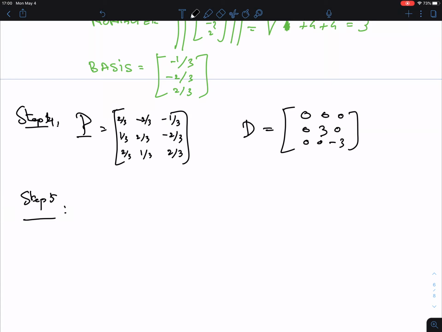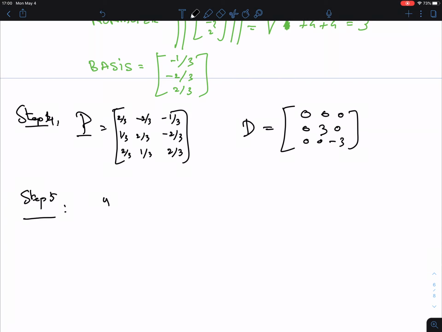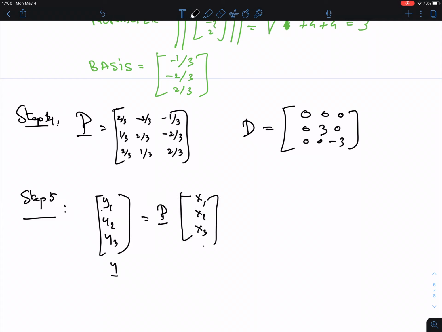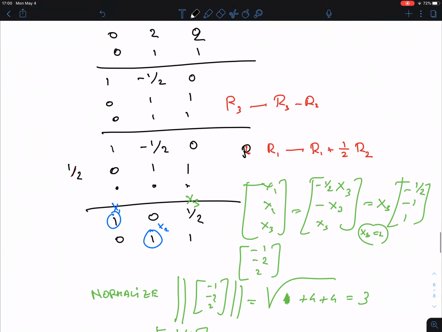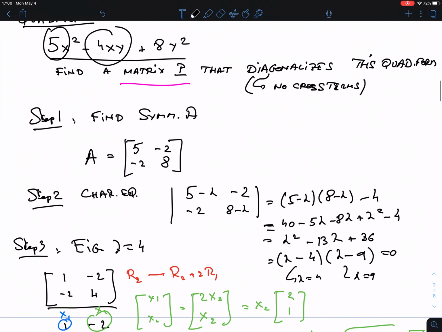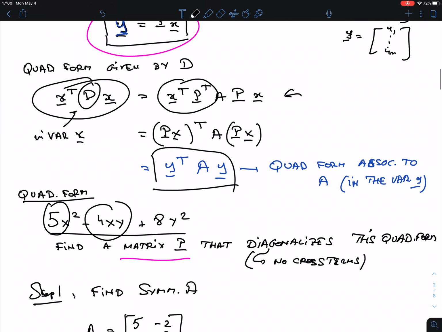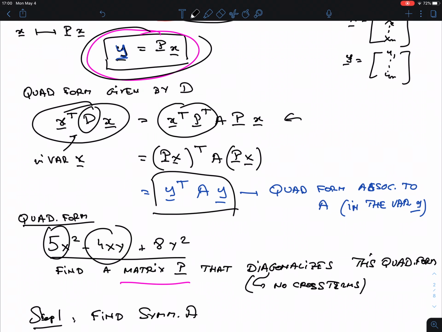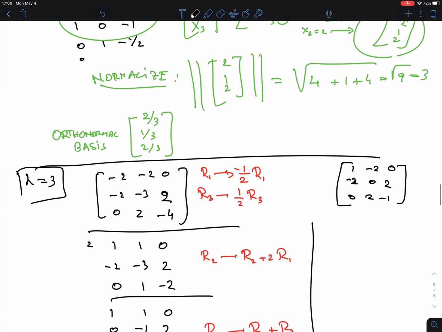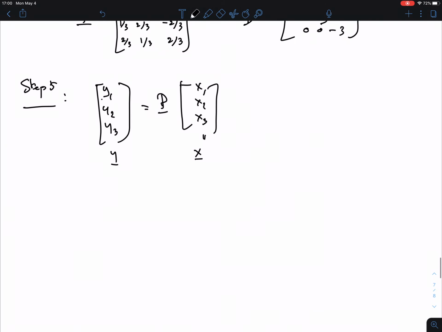If y, y1, y2, y3, this is what I call y bar, is P times x1, x2, x3, this is what I call x bar, right? If we do this change of variables, then with these new variables, I'm going to get a diagonal form.